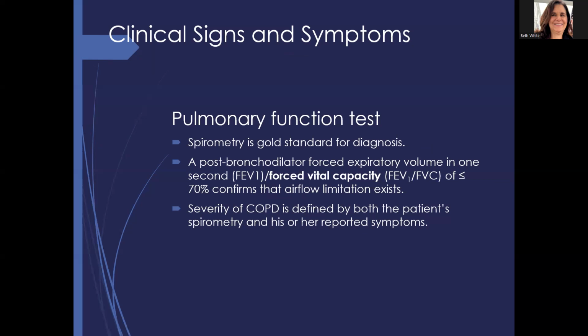If they have an FEV1 over FVC of less than 70% of their predicted, it confirms that airflow limitation exists. The severity of the chronic obstructive pulmonary disease is defined by both the patient's spirometry and their past medical history and history of present illness. So their reported symptoms, the combination of those two, will create a diagnosis of chronic obstructive pulmonary disease.